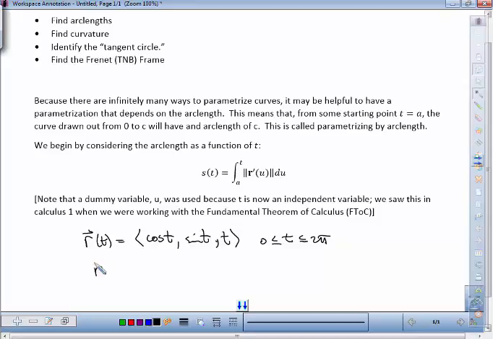So we'll call it r of s, and I'm just going to put stars there for now. Maybe we'll think about trying to solve for this, but we want to put this parameterization so that when your s value goes from 0 to whatever, let's call it c. I don't know if we should call it a, it's going to confuse things.